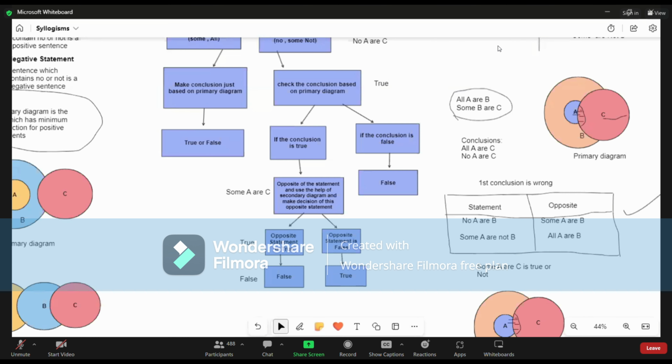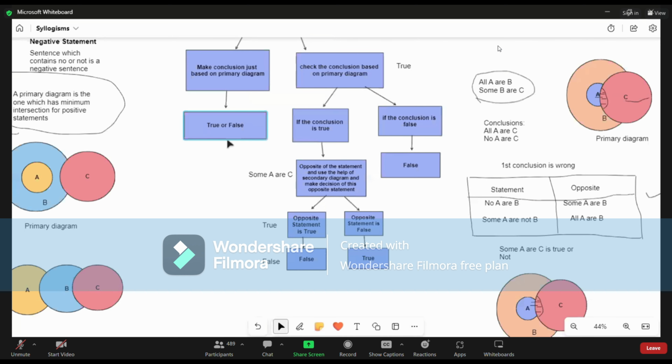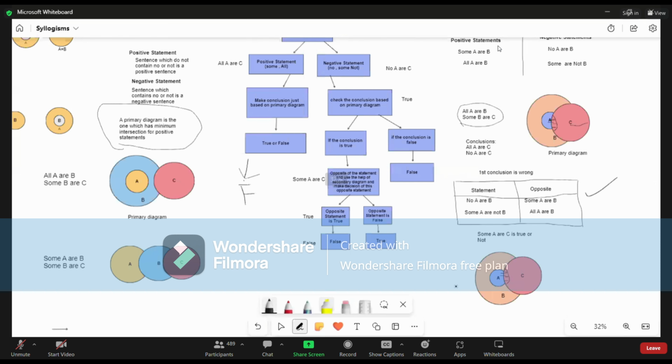So now the either-or case is one of the subsections of this. Where does it come in? Let's say you have this positive statement, and you get it as false. I'll show the either-or case.